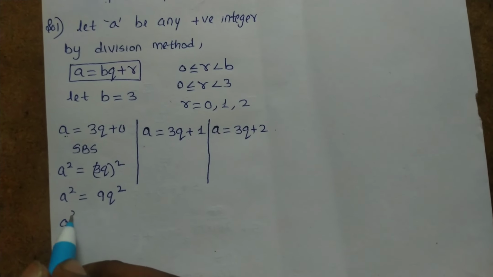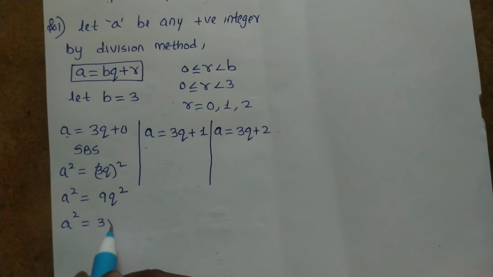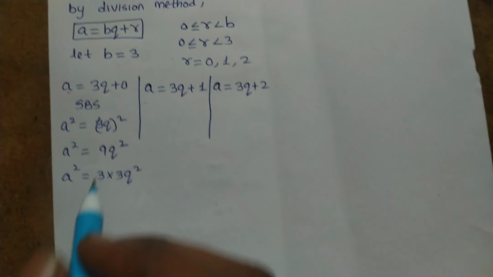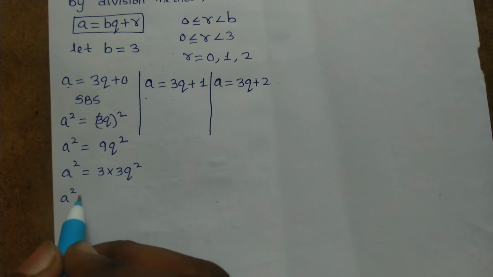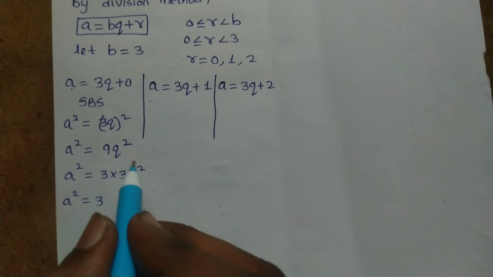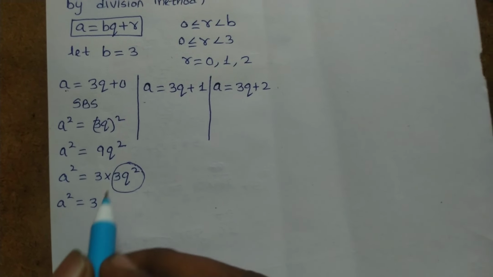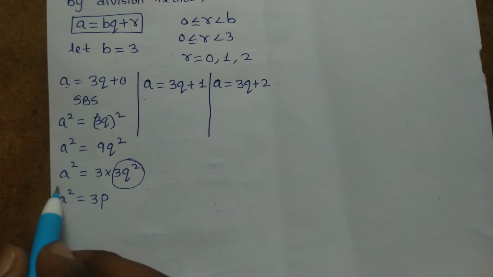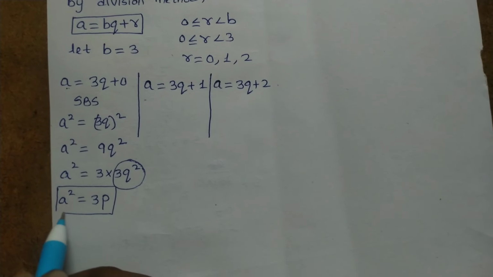Can we write it like this, 3 into 3q square, because 3 threes are 9? Again you are getting the same answer. So a square is equal to 3 into, and I will assume this total term as one constant p. We are getting a square equal to 3p.